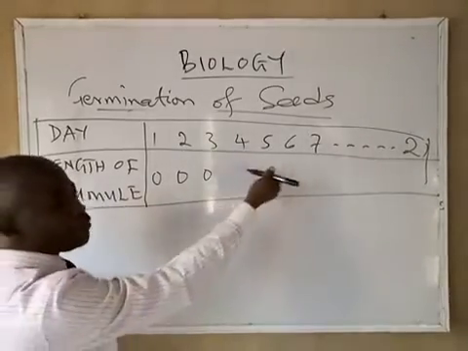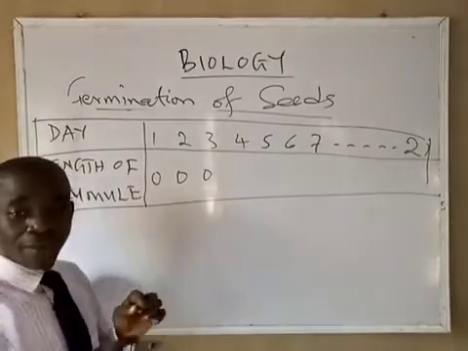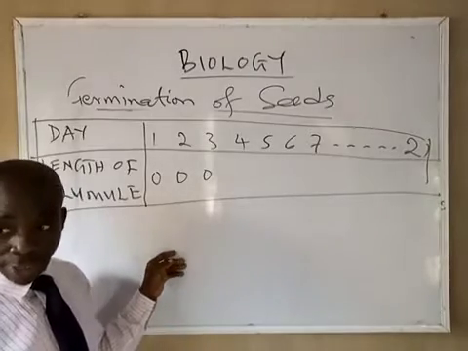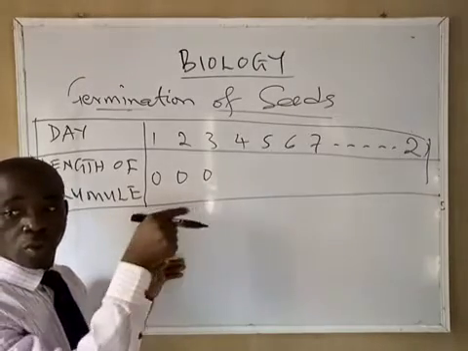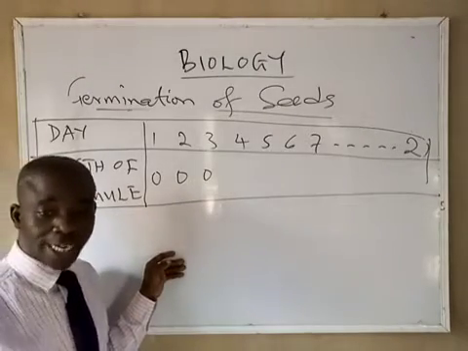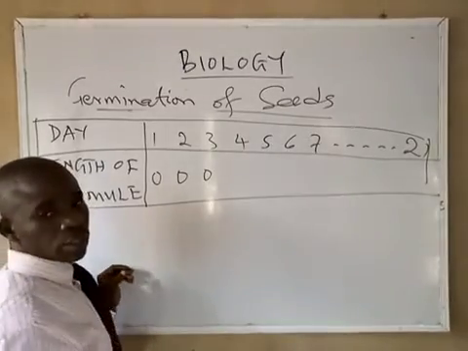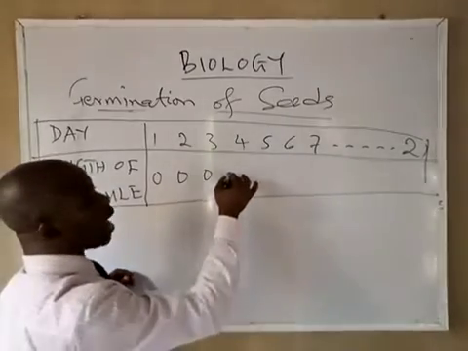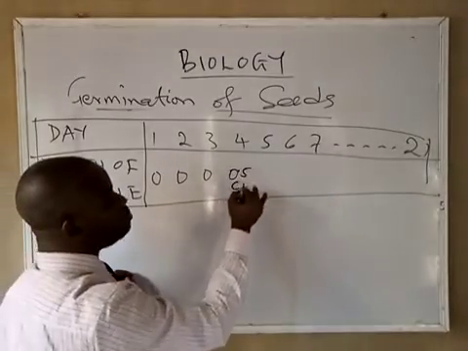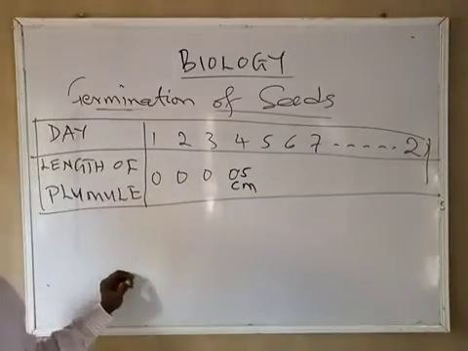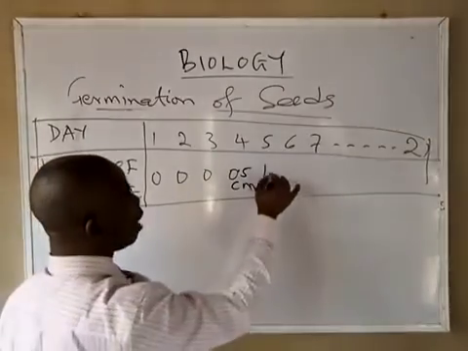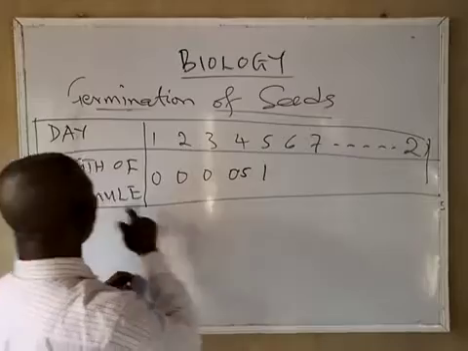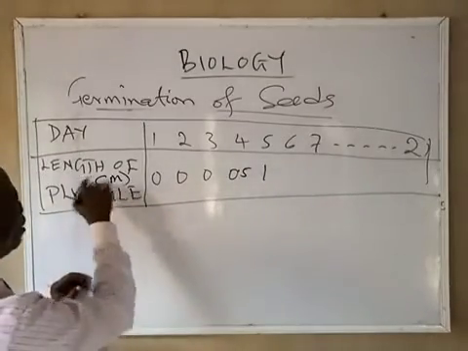And on the 4th and 5th day, you can now have the radicle emerging and the plumule also emerging, especially the hypocotyl. So at some place, you will have 0.5 cm when you are measuring length. Maybe by the 5th day, you now have 1 cm. So this one is measured in centimeter.